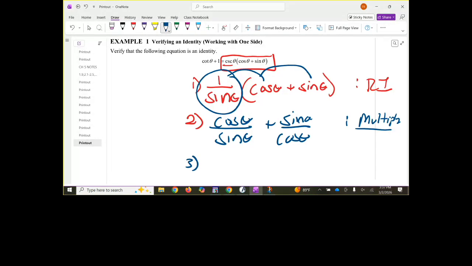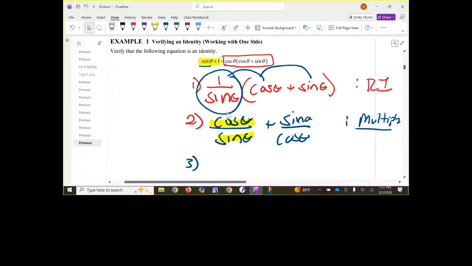Step number 3. Y'all remember what it is I'm trying to get to. I'm trying to make this side of the equation look like that side of the equation. Okay, the first thing I see here is a cosine over sine, okay? And when I look at the left side, y'all, I see a cotangent of theta, okay?